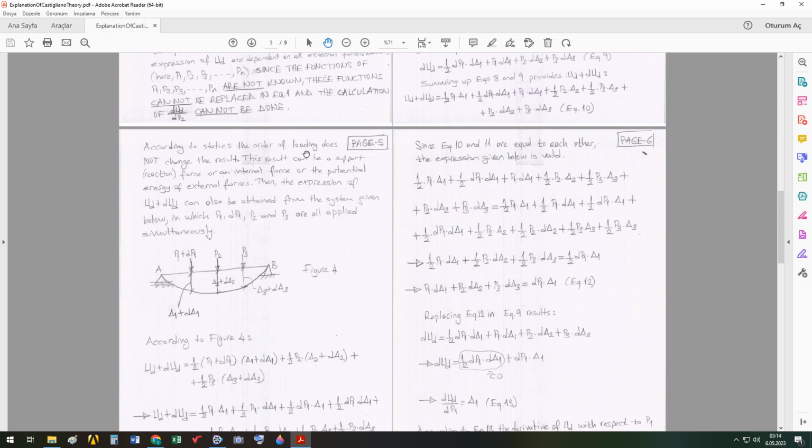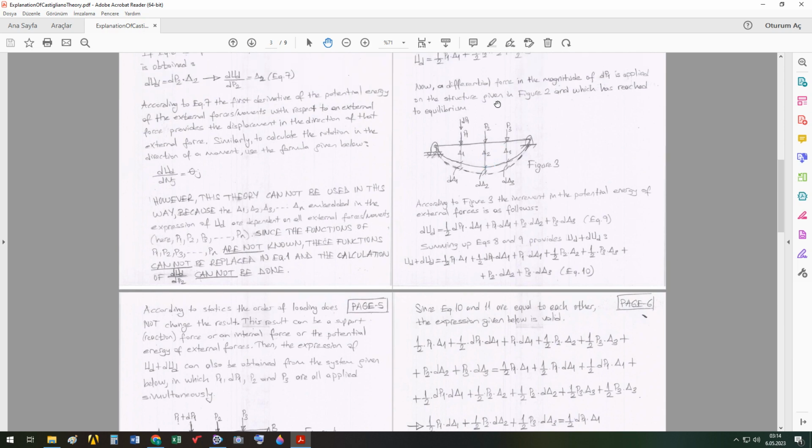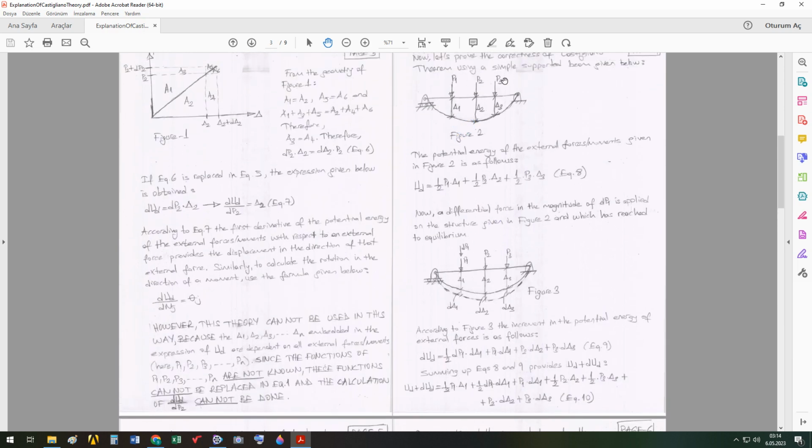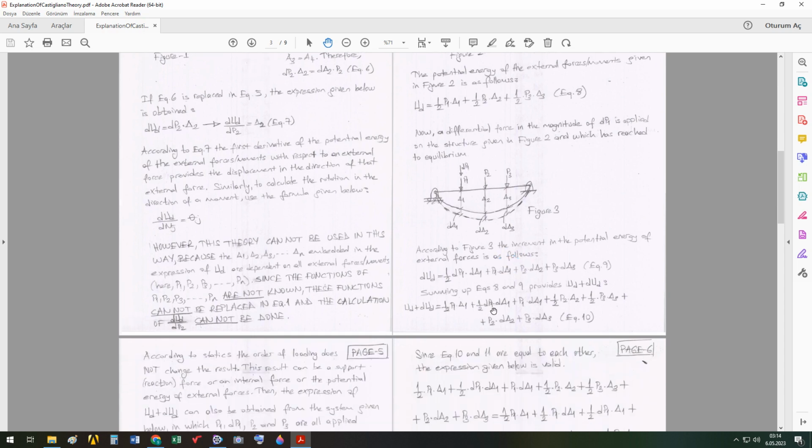According to statics, the order of loading does not change the result. This result can be a support reaction force, or an internal force, or the potential energy of external forces. Here, as mentioned earlier, we applied all those P1, P2, P3 forces first, and then made an increment in the magnitude of dP1 and obtained the result.